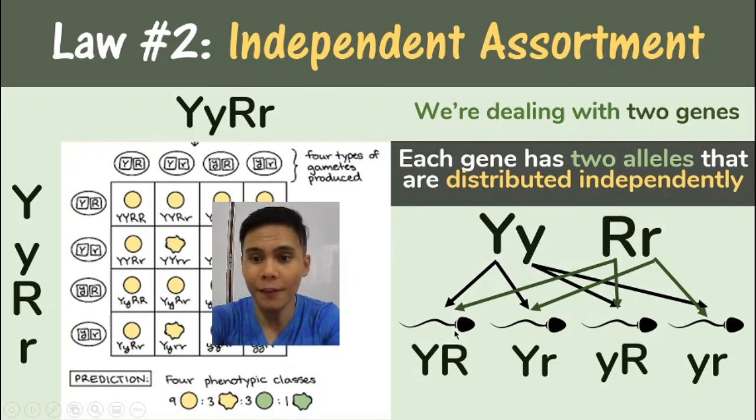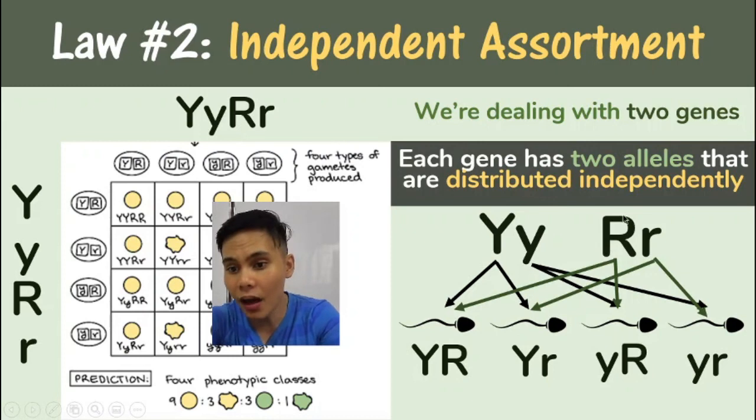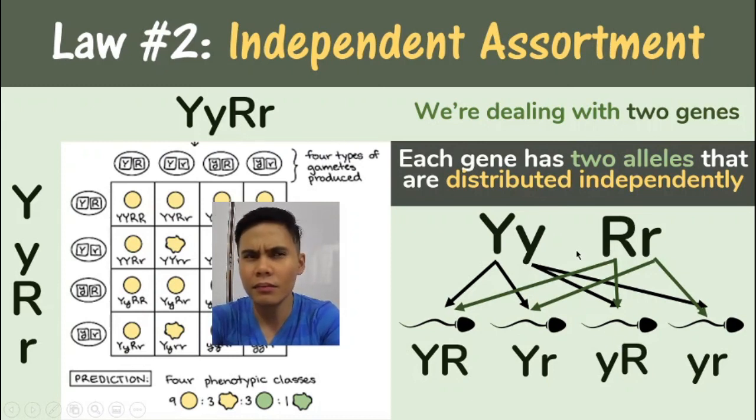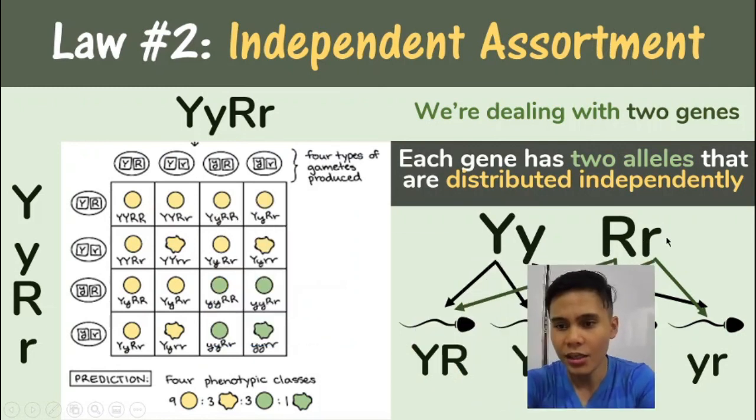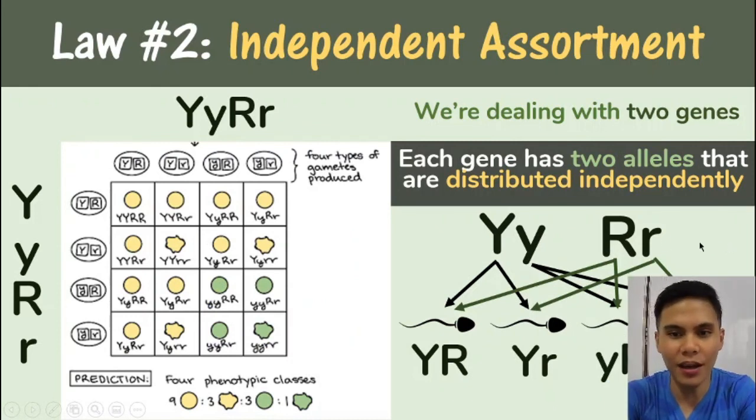Capital Y, capital R. The last ones: small y and small r. Boom. Small y and small r. The inner ones: small y, capital R. That's this one. And the outer ones are capital Y and small r, and so on. So again, using the FOIL method, you can get the possible gamete combinations. Okay, so don't forget your math. It's useful in biology as well.